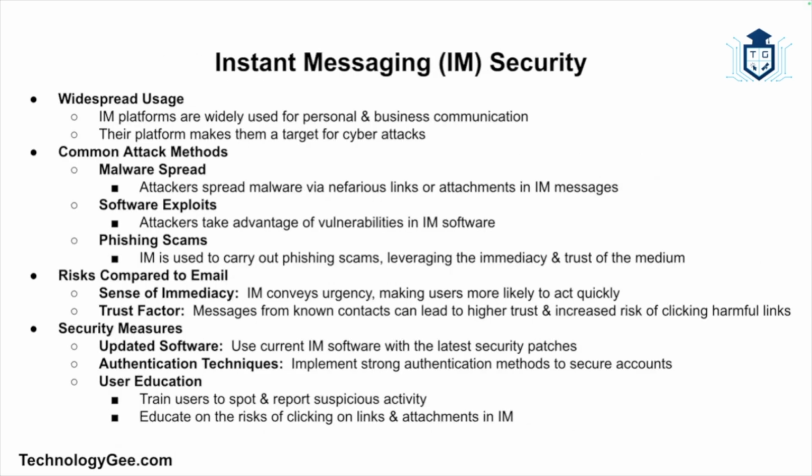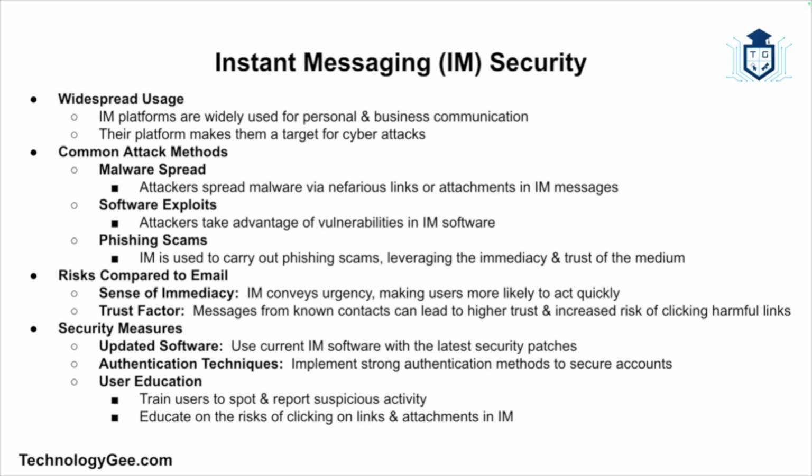Next, we have instant messaging security. Instant messaging platforms are widely used for personal and business communication, which means they are also targeted by cyber attackers. Attackers may use instant messaging to spread malware via nefarious links or attachments, take advantage of holes in the IM software, or carry out phishing scams.